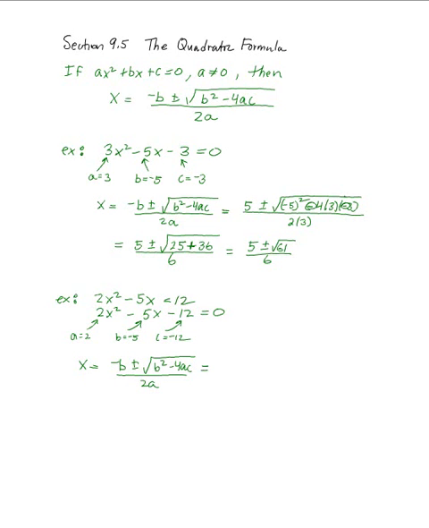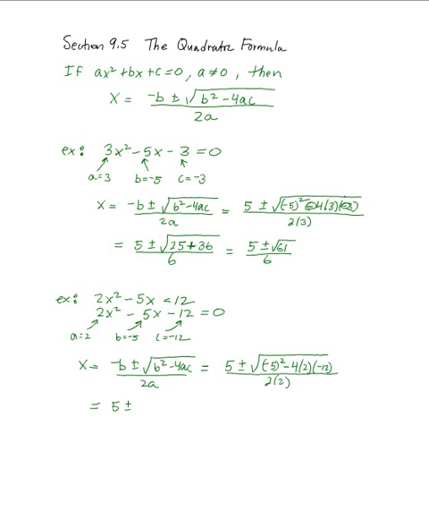All right, once again, -b. b is -5, so negative b is going to be 5 plus or minus the square root of b squared. That's -5 squared minus 4 times a is 2 times c is -12, all divided by 2a. That's 2 times 2.